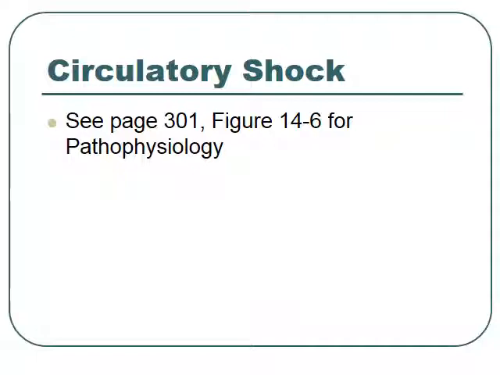Then we have a maldistribution of the intravascular volume. That's when we were talking about the pooling, and that we don't have enough venous return. Okay. No venous return means a decrease in our cardiac output, and no cardiac output means that we have no tissue perfusion. So that is the pathophysiology of circulatory shock.